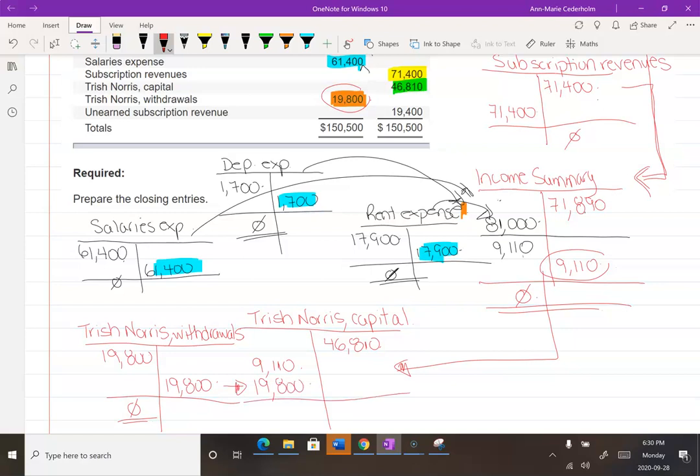So then if you add everything up in your capital account, you'll get $46,810 minus $9,110 minus $19,800. That means we'll end up with a balance in the capital account of $17,900.